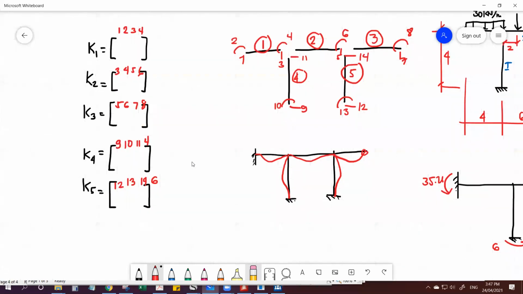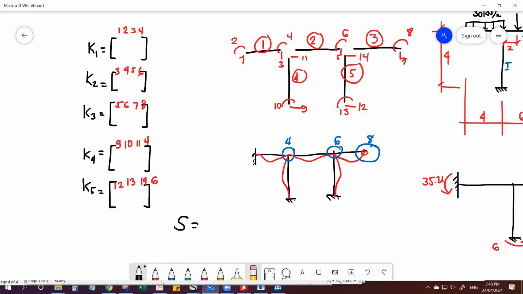What about our structure stiffness matrix? How many unknowns do we have here? I have an unknown rotation here and an unknown rotation here. No sway, right? So no lateral displacement. What else? Here, an unknown rotation, which corresponds to 4, 6, and 8.